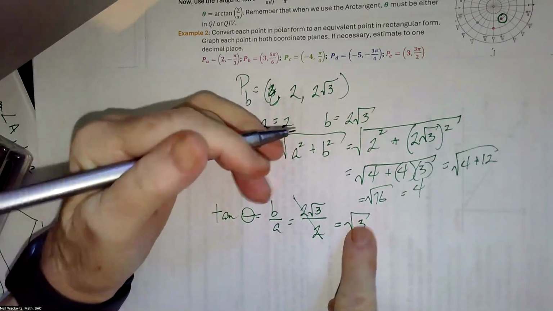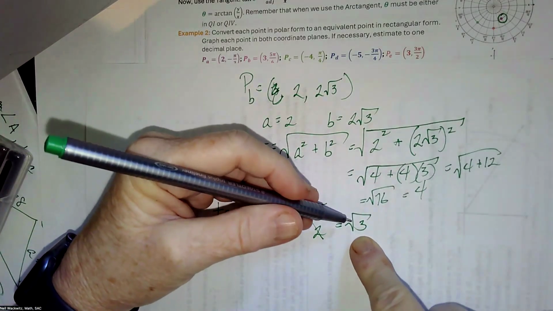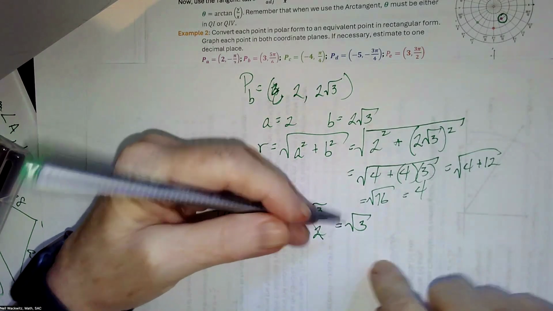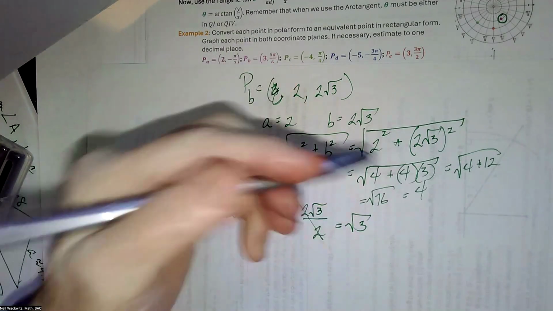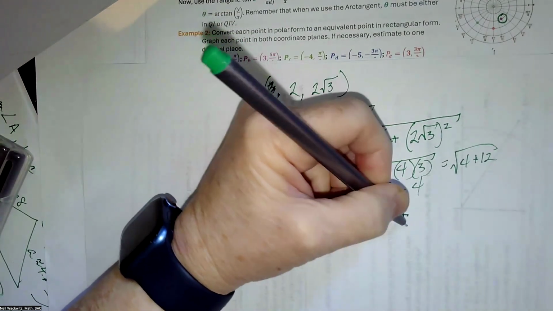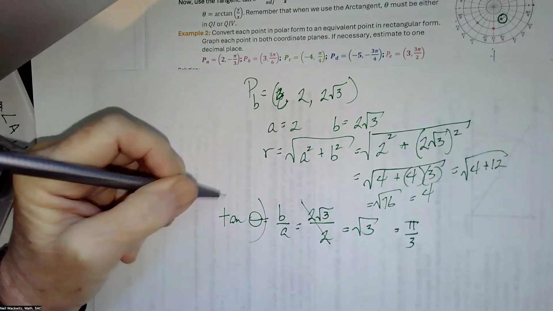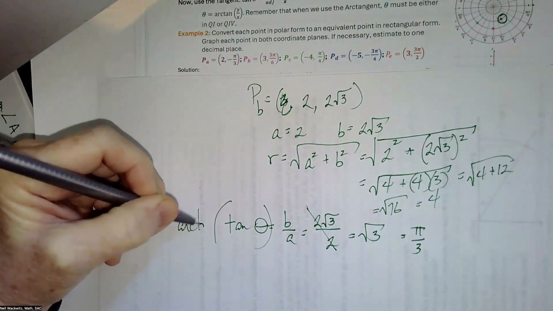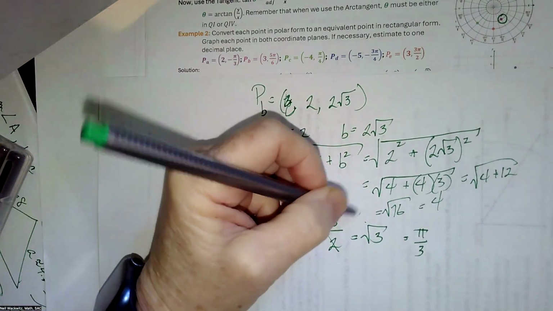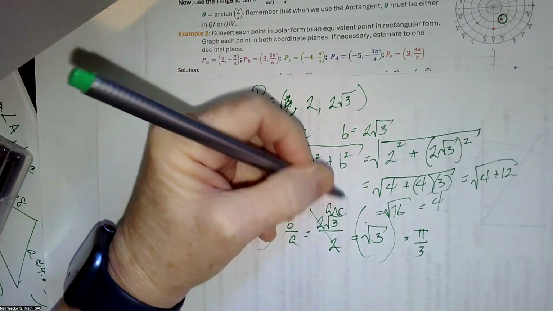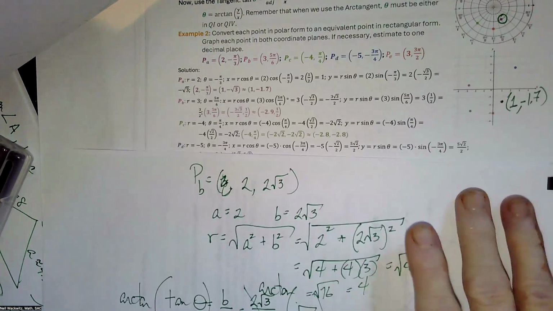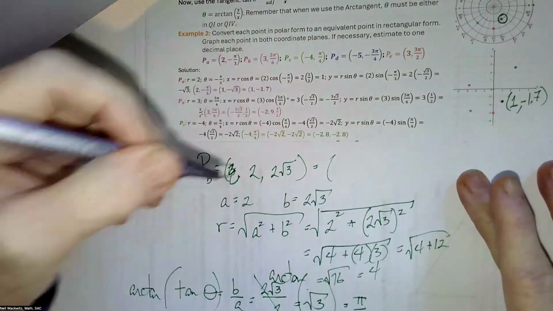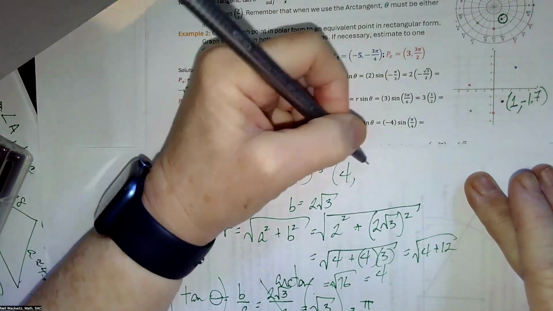Well, it's the one where sine is square root of 3 over 2 and cosine is 1/2. And that'll be up at pi over 3. So the point B is also equal to 4 comma pi over 3.